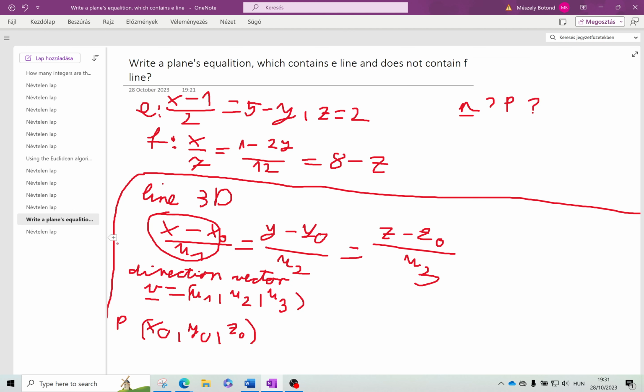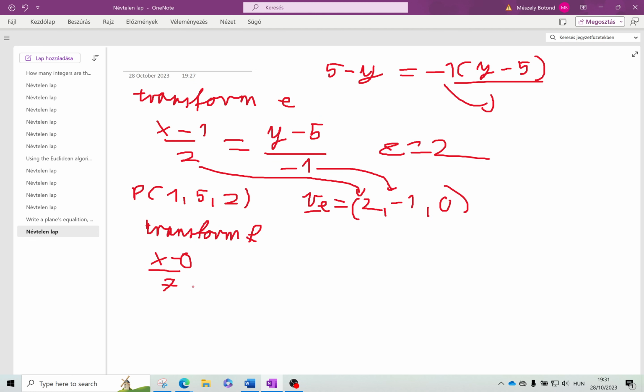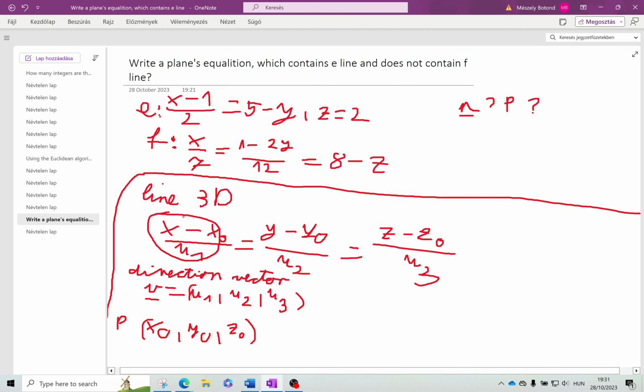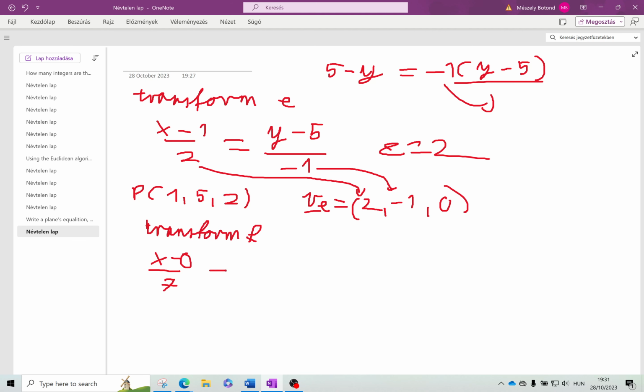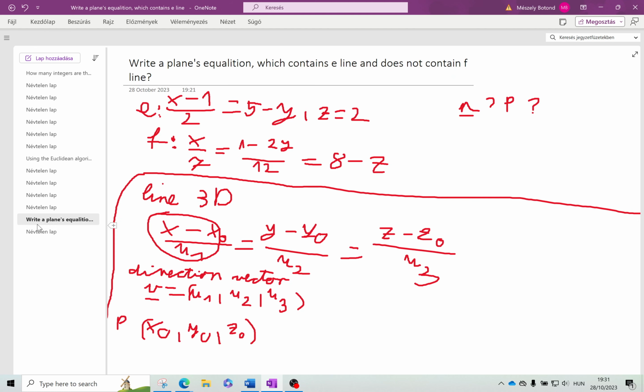This doesn't change, so the meaning is similar, but now it should equal y minus 1.5 per minus 6. Why does it look like this?